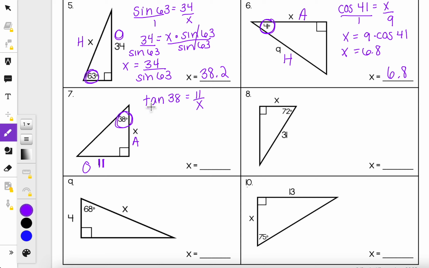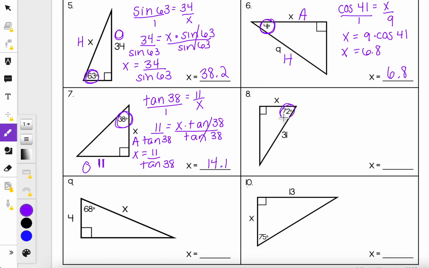Put that tangent of 38 over 1, and when we cross multiply, we're going to get 11 equals x times the tangent of 38. Divide both sides by the tangent of 38. And x equals 11 over the tangent of 38, which is going to round to 14.1.